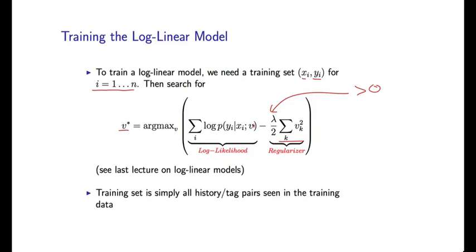And as we said before, this regularizer term generally leads to much better generalization in cases where we could potentially have very, very large numbers of features.